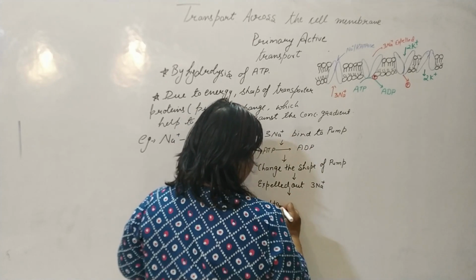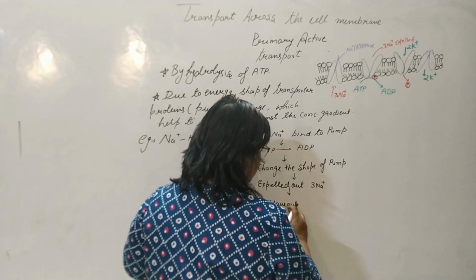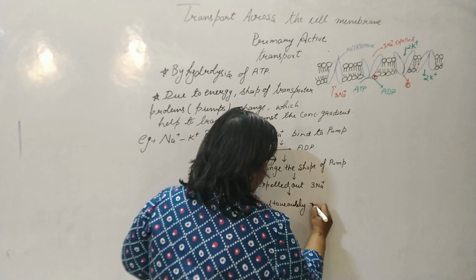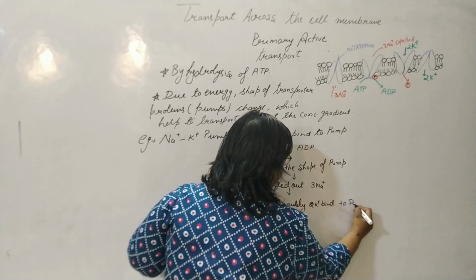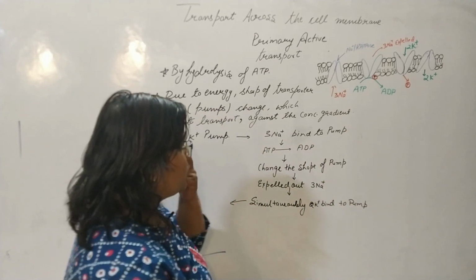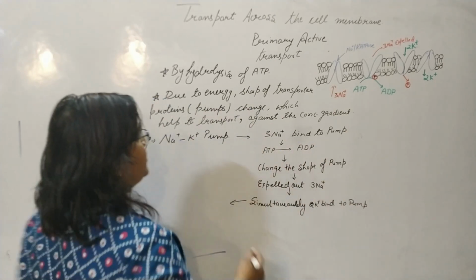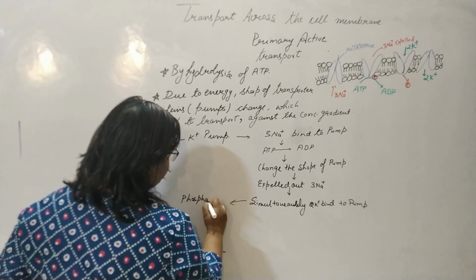Simultaneously, 2 potassium ions bind to the pump, and the phosphate group is removed.